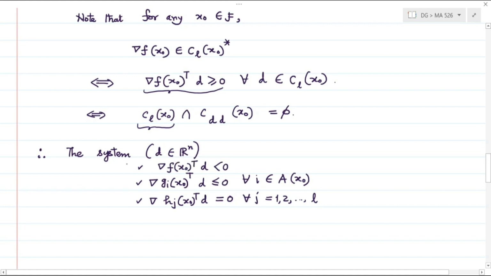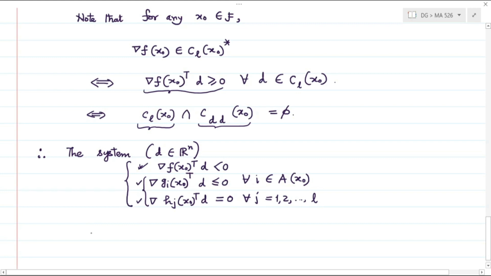So if I consider this system for some d belonging to Rn, is this system feasible? This system is not feasible because the linearizing cone and the cone of descent directions have empty intersection. So there does not exist any d which satisfies both, and the system does not have any solution.